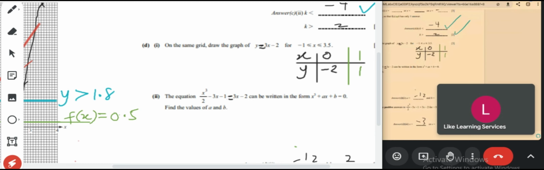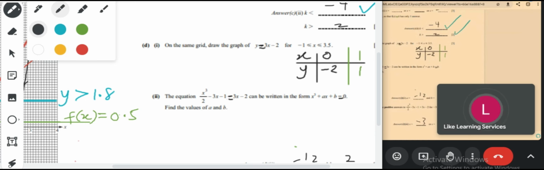Yeah, so what I did here was that I made x cubed over 2 the subject of the formula. So I moved minus 3x and minus 1 to the other side. Is that how you were able to find a and b? Yes, so after that I cross multiplied and then I found the answer like that.